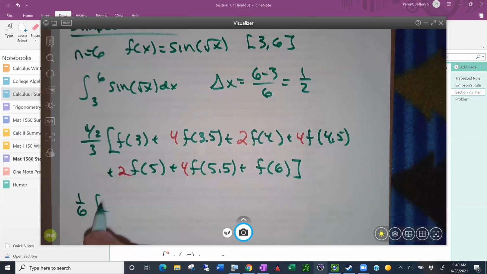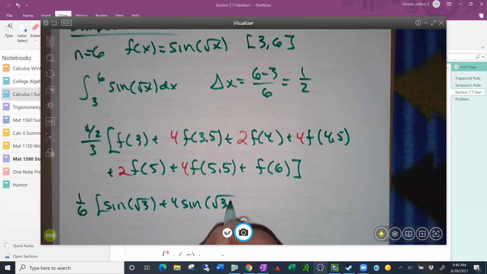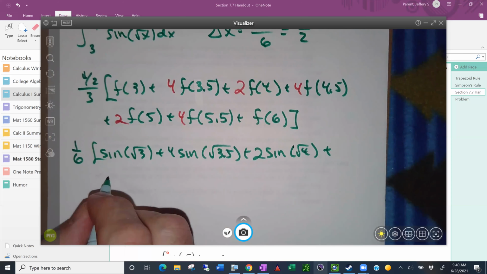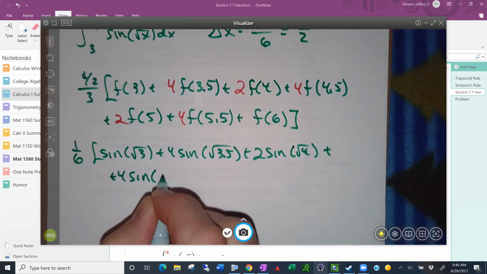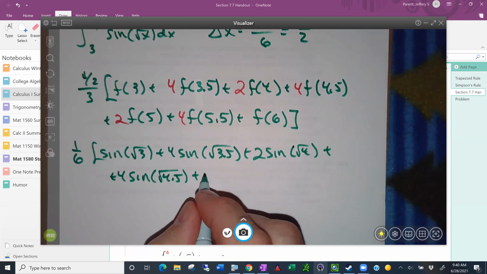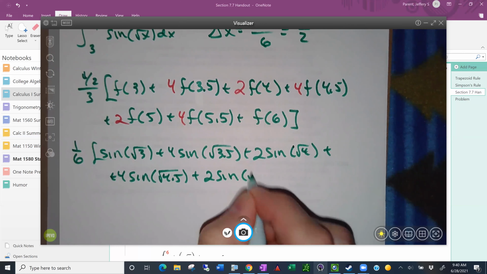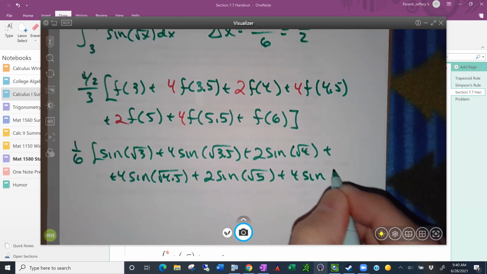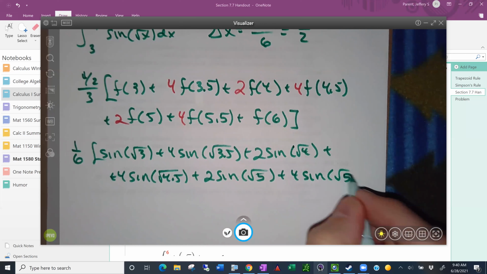f of 3, or sine of the square root of 3, plus 4 times the sine of the square root of 3.5, plus 2 times the sine of the square root of 4, which I know is 2, but I'm not going to bother simplifying it, plus 4 sine of square root of 4.5, plus 2 times the sine of the square root of 5, plus 4 times the sine of the square root of 5.5.